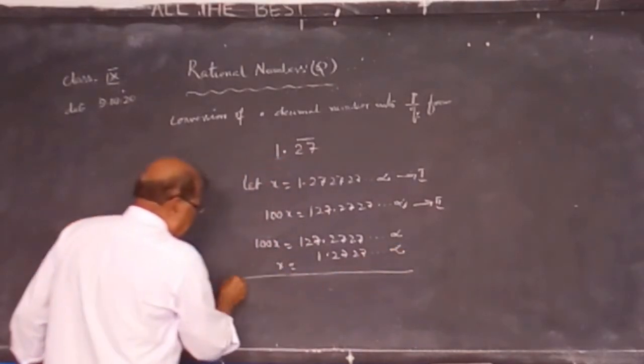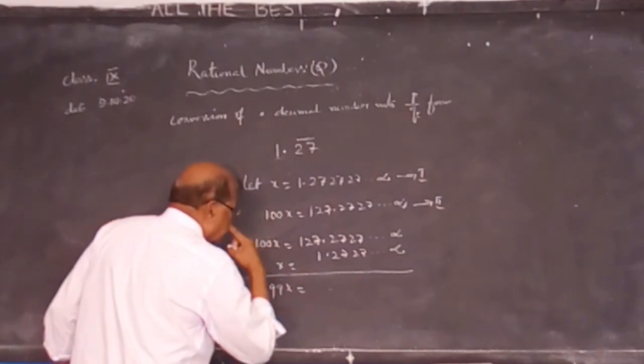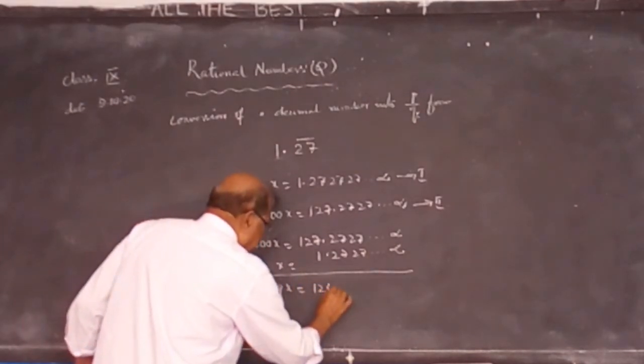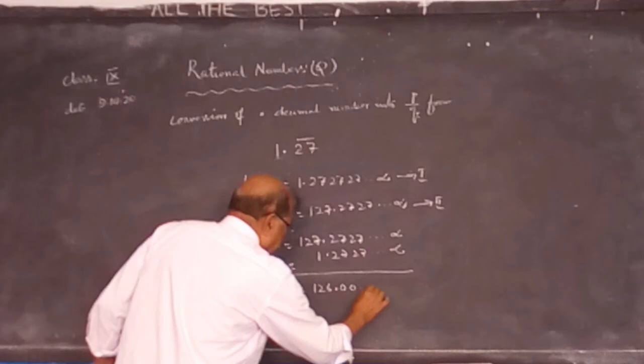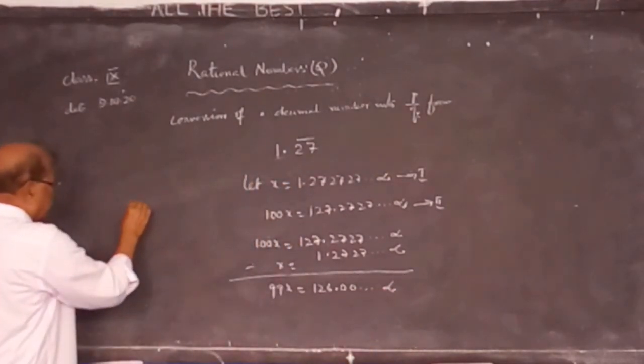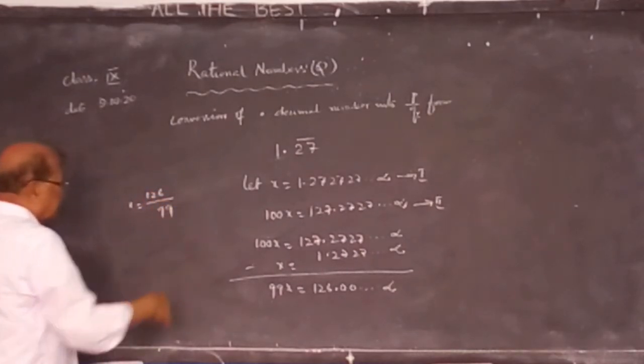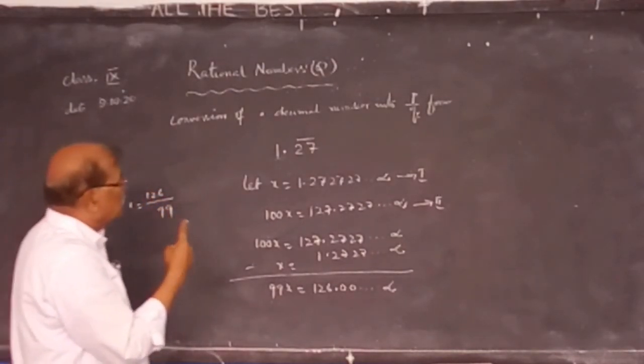If you subtract, what do we get? 99x is equal to 126.00 up to infinity. Now x is equal to 126 by 99. It is in the form of p by q.